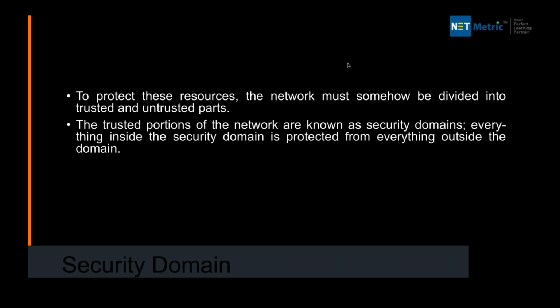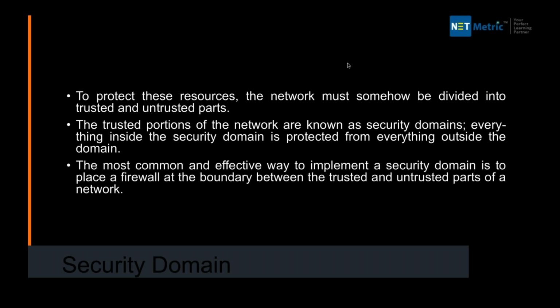Everything inside the security domain is protected from everything outside it, which is your untrusted part. The most common and effective way to implement a security domain is to place a firewall at the boundary between the trusted and the untrusted part of the network. So basically we require a firewall to draw a line in your network between a trusted world and an untrusted world.